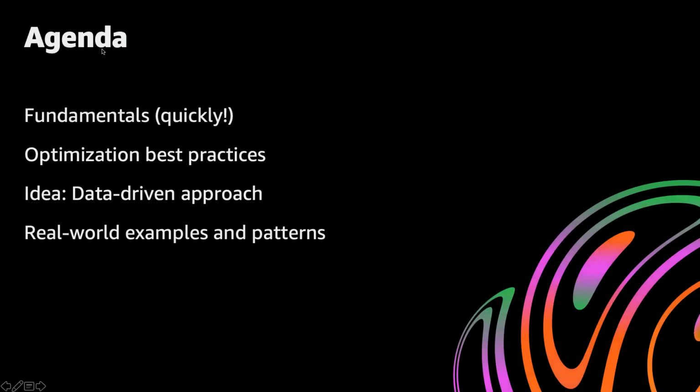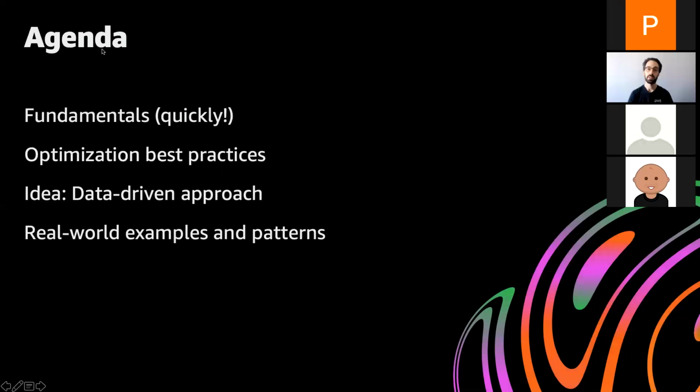So this is what I like to talk about today, some fundamentals. You guys are the serverless folks. I'm sure you are already using Lambda for a while. It's been up there for more than 5 years. But just to make sure we are all on the same page, I'll share some fundamentals also related to performance and some of the internals. Then I want to share some of the best practices related to optimizations.